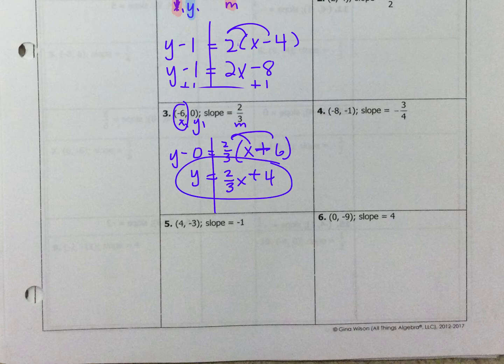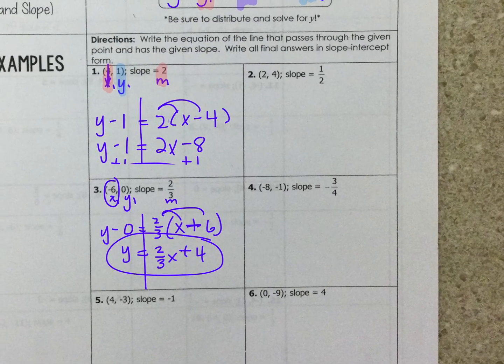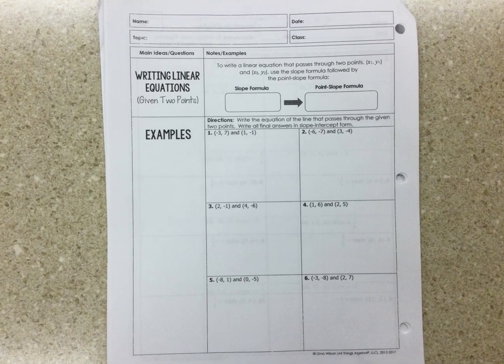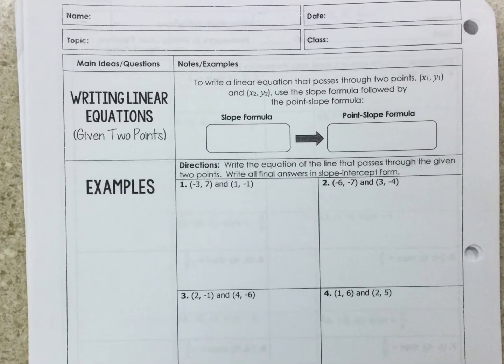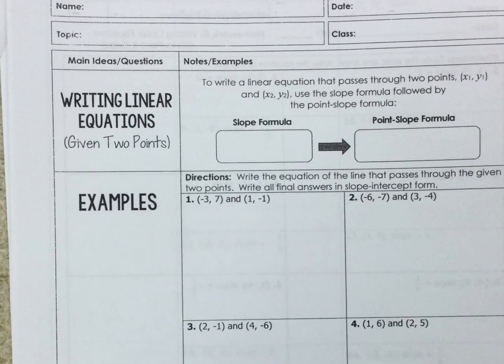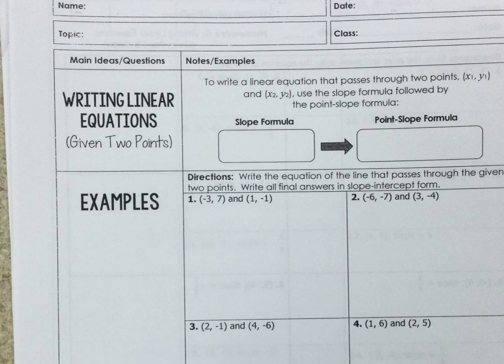All right, I need you to do number 2 for me on your own. When you're done with that, I need you to flip over to the 4th page in the packet. It looks like this. And we're going to do the exact same thing we were doing, except this time I just have 2 points.